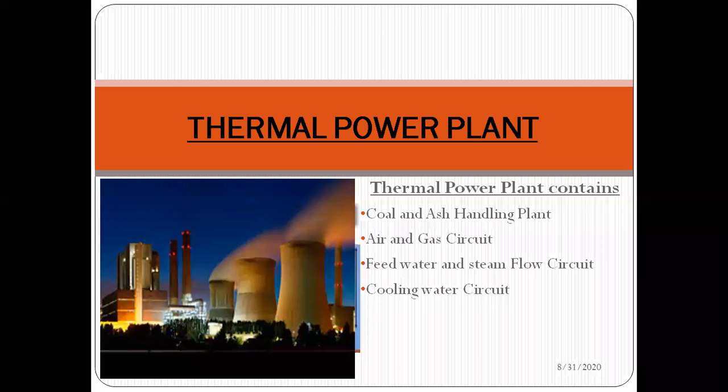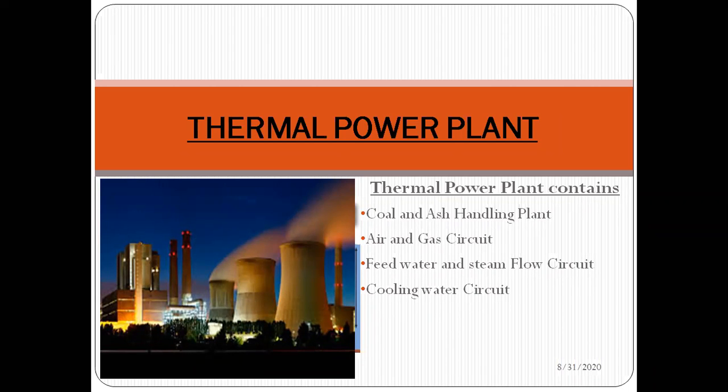Second, in order to combust the coal, in order to get the ignition of the coal, we require air and gas circuit, and in this circuit we require the economizer and the superheater. How this works comes under the air and gas circuit.